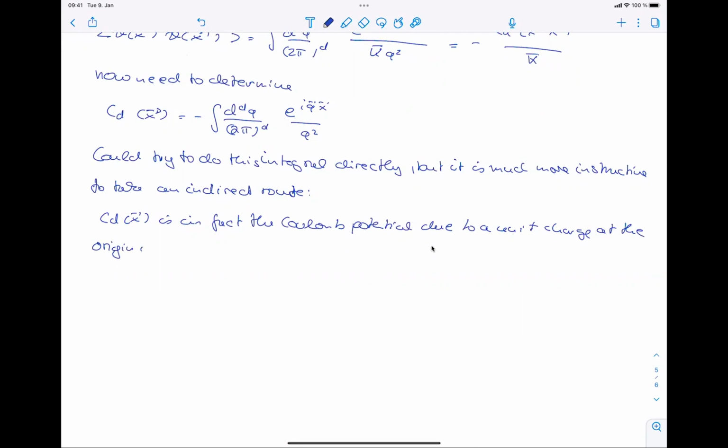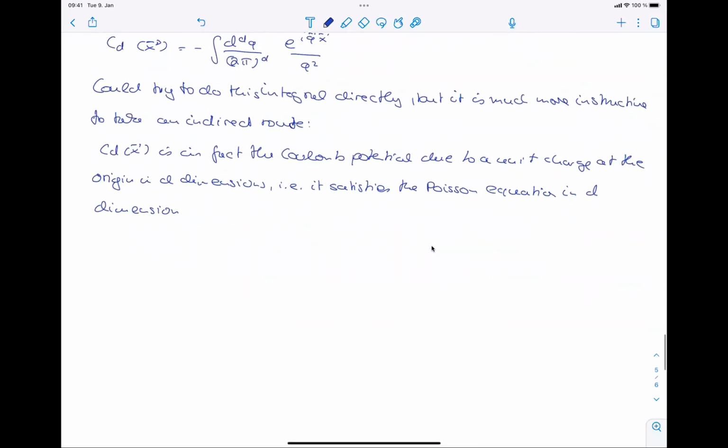Okay, so that's the charge at the origin and the dimensions. Okay, so we know this about the Coulomb potential, right?